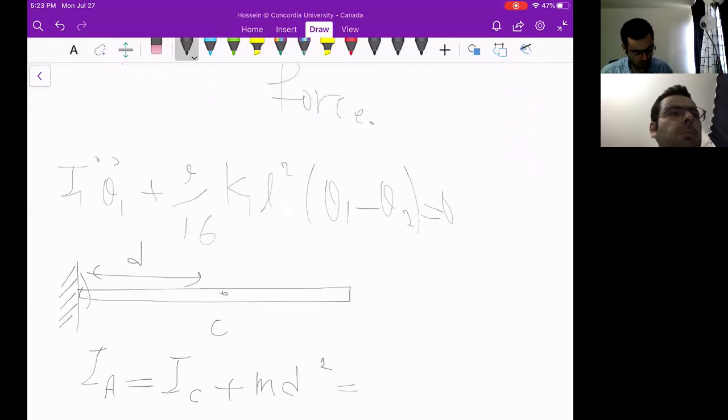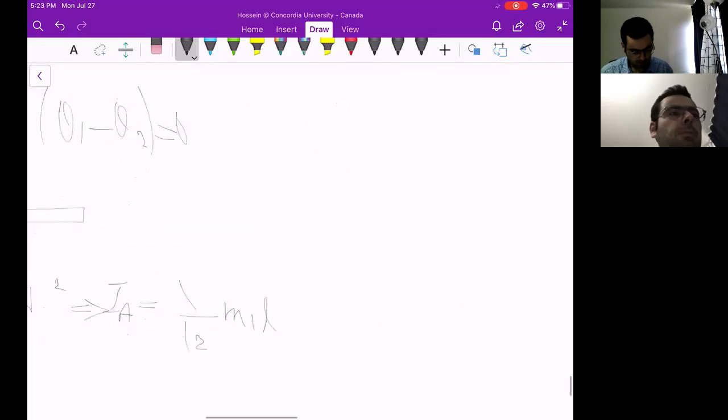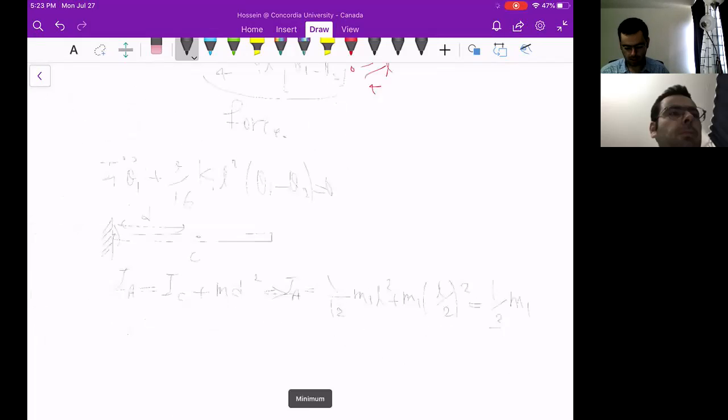Therefore, I around point A for mass one would be 1/12 M1 L squared plus M1 (L/2) squared, which totally would be 1/3 M1 L squared, the mass moment of inertia around point A.